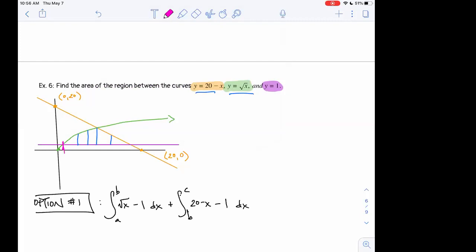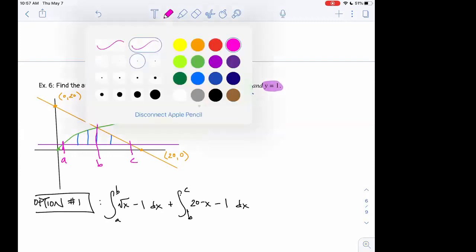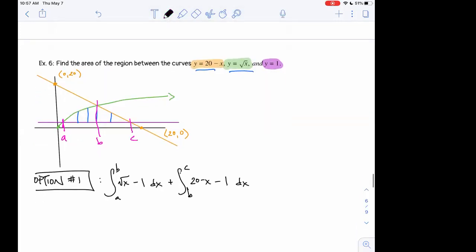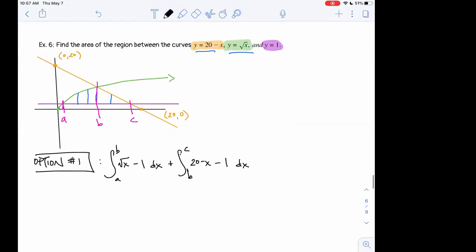A would be right here. B would be right here where the orange and the green meet. And C would be right here. So one option is to do two different integrals. If we wanted to, we could totally do this, and let's see what that looks like.